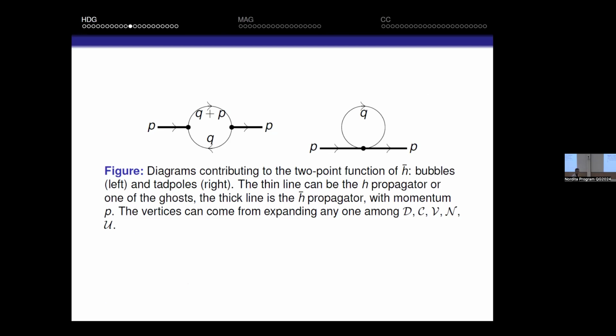So that is a contribution that comes from the tadpole. And as John said earlier, the tadpole does not depend on momentum. And so this particular contribution to the beta function has nothing to do with the energy dependence of the two-point function. And so in some sense, it is unphysical.